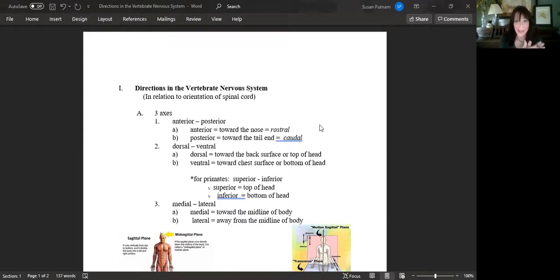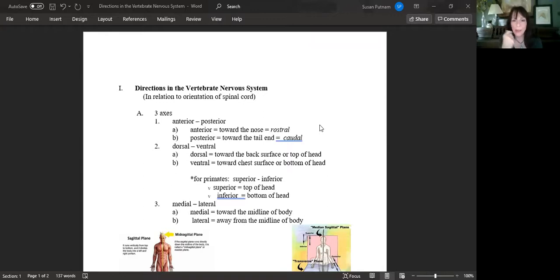And the three axes that we're interested in are first, anterior and posterior. This is one of the axes. Now, anterior, again, is toward the nose this way, or rostral. I have weird ways to remember things when I first learned them years and years ago.